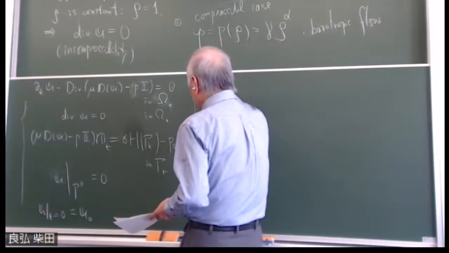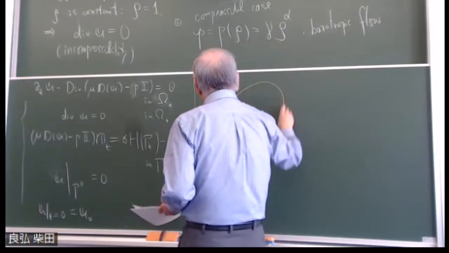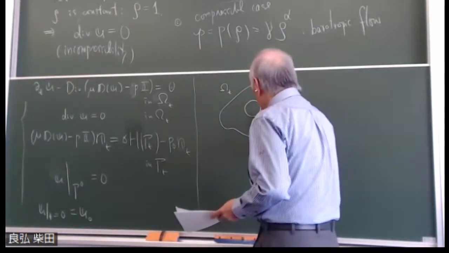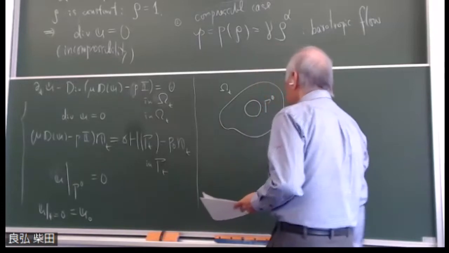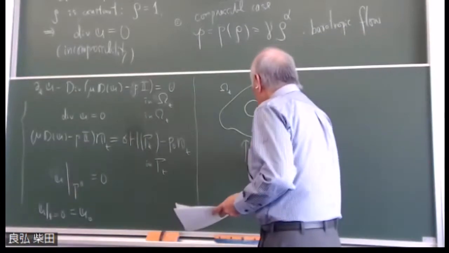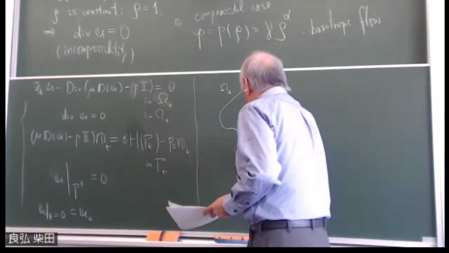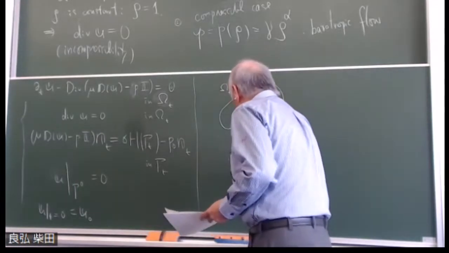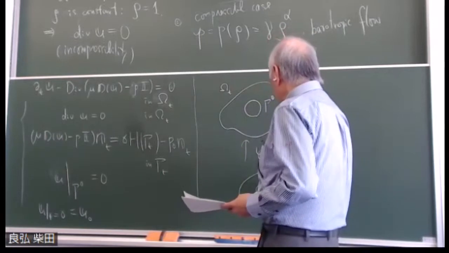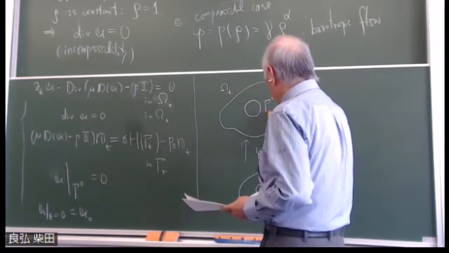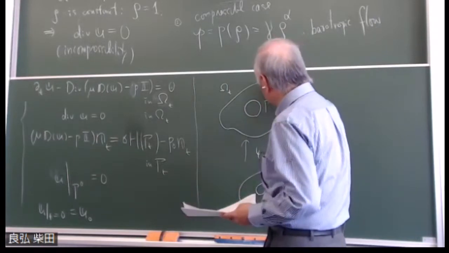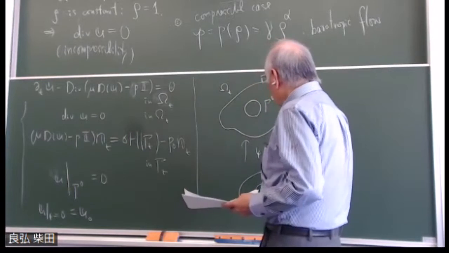So I consider the following case. Omega t is like here. On the inside there is a fixed gamma naught. Then psi t is like this, and it is fixed here. So this is gamma. Outside is gamma, and it moves to here, gamma t, and this is fixed.